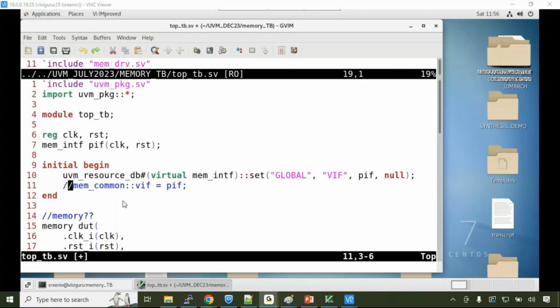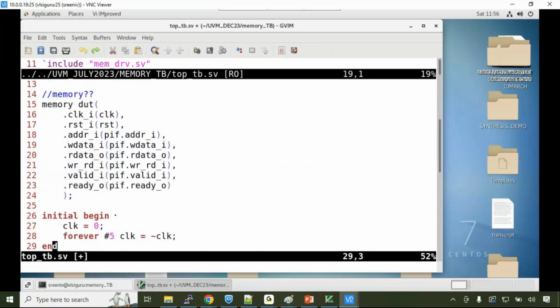So we are putting the physical interface handle into the mem common bucket so that I will be able to access it. Next, line number 15, what we are doing? Instantiating the DUT, the memory DUT and all that I'm instantiating.